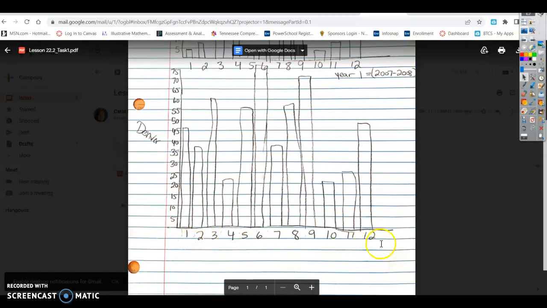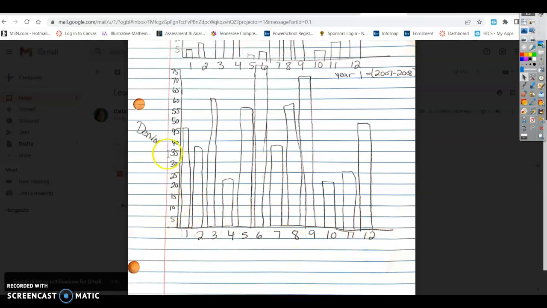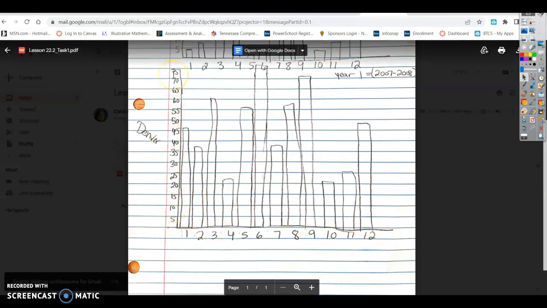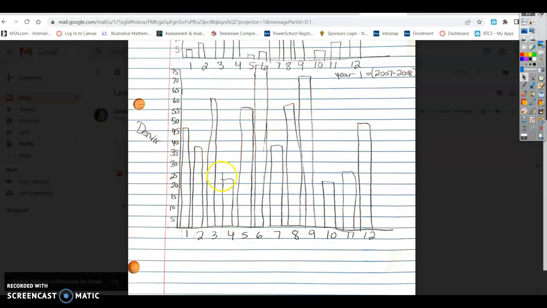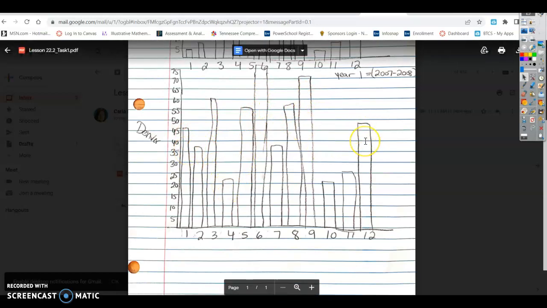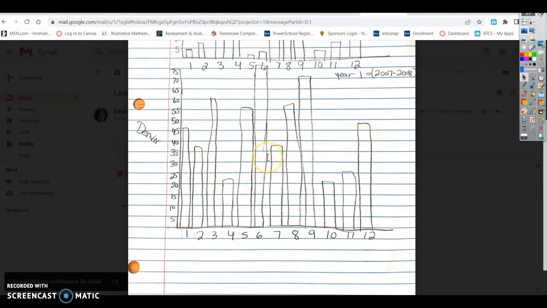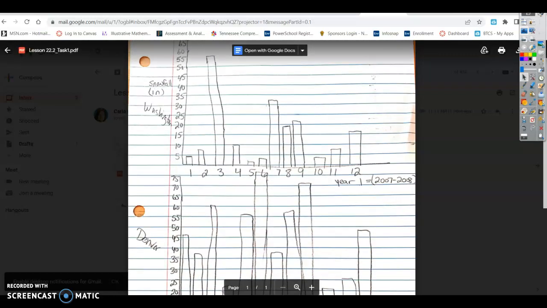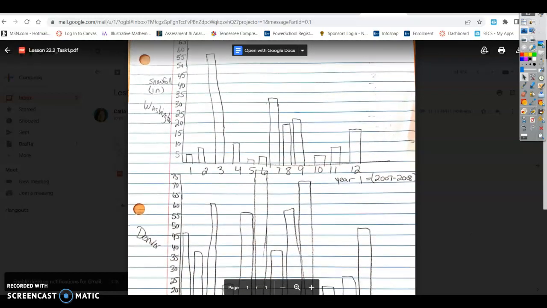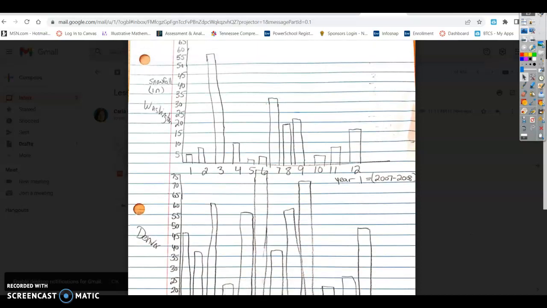I did the same thing, put the years across the bottom, starting with the first year as number 1, and then snowfall in inches up the left-hand side or your y-axis. You can see this one has more snowfall, and it's more evenly distributed throughout the years, so it kind of goes up and down, but definitely more overall snowfall in Denver than Washington, except for that year 3 in Washington.